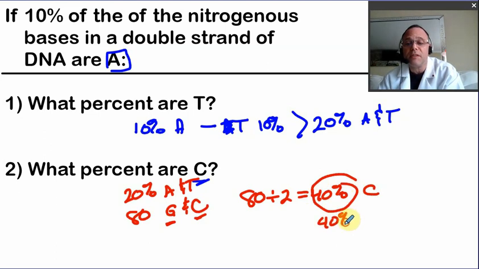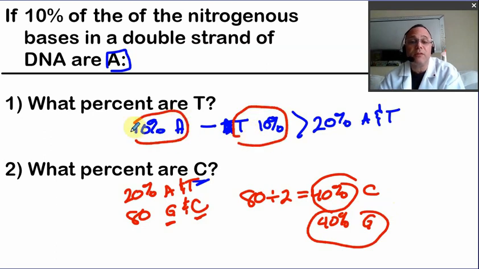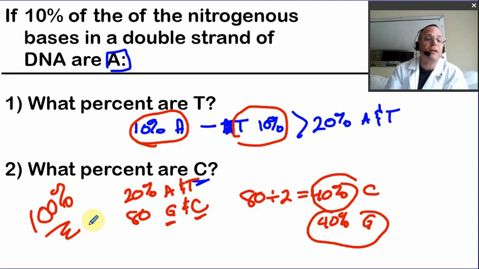That means 40% are G's. 10% are T's and 10% are A's, giving us a total of 100% of the nitrogenous bases accounted for.